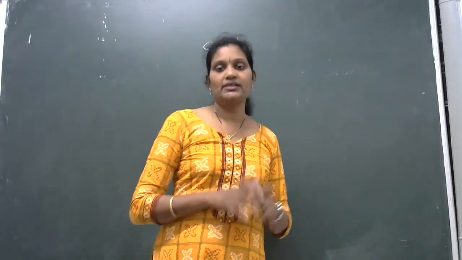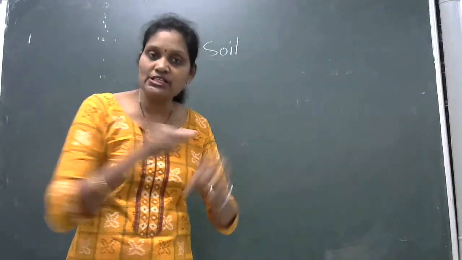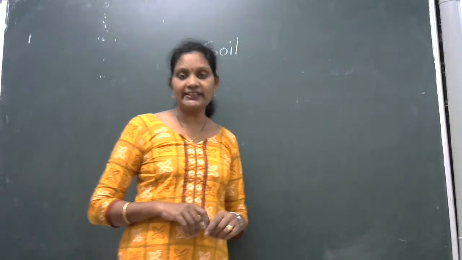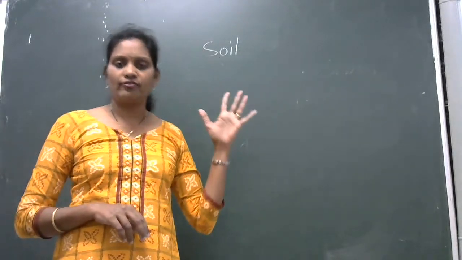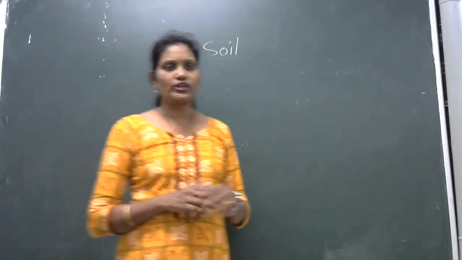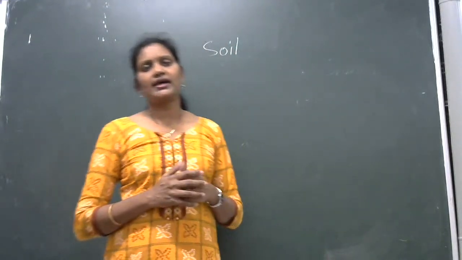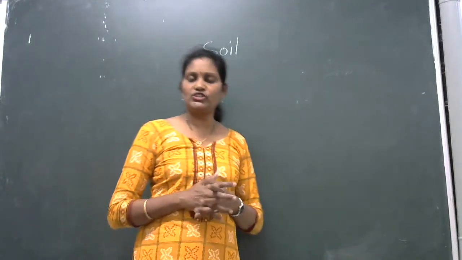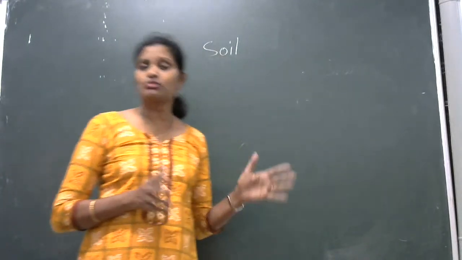We can see so many varieties of birds and animals also now, isn't it? So if there are plants and a good kind of vegetation, we can see the animals also.